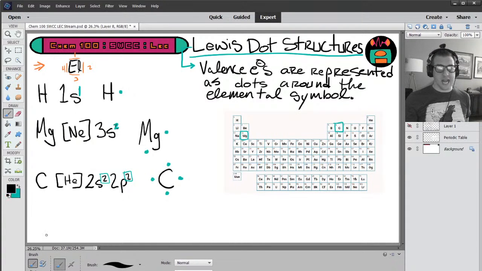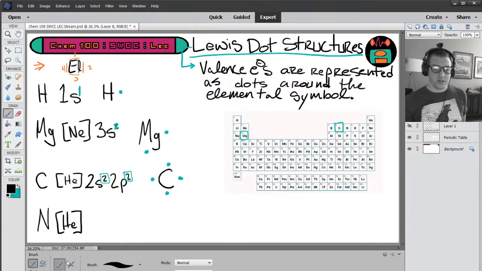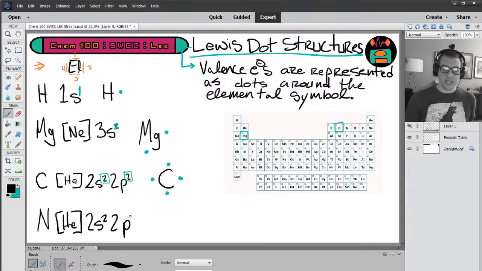What happens when you hit an atom like nitrogen? Nitrogen's electron configuration starts with a helium abbreviation. Then nitrogen is 2s2, 2p3.